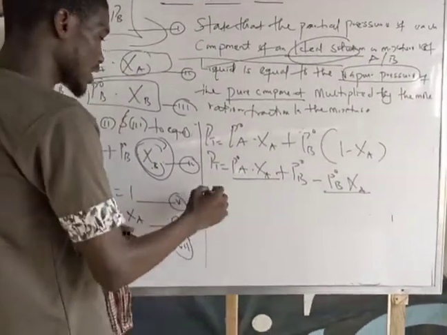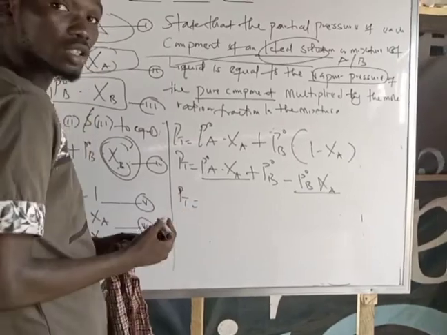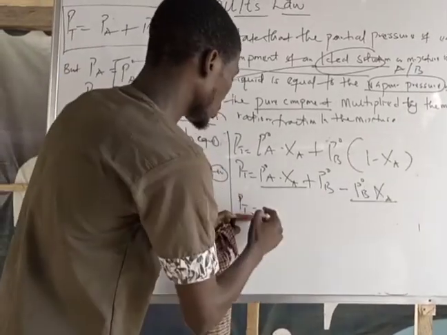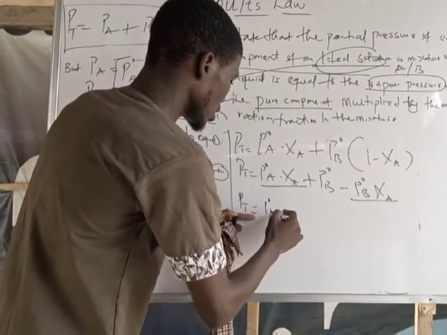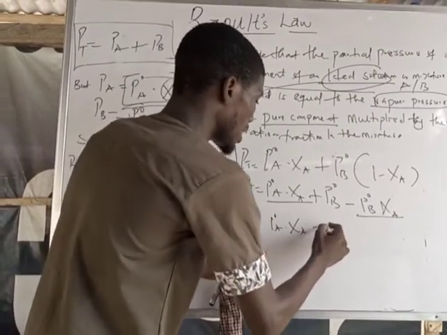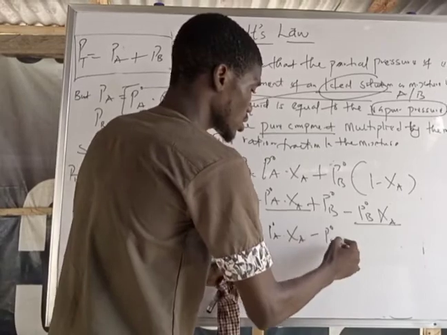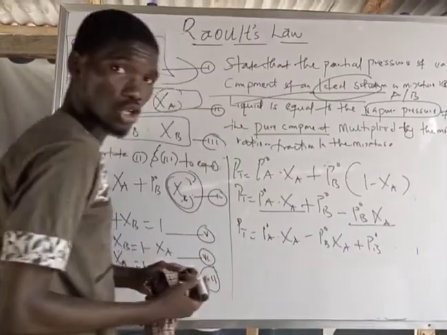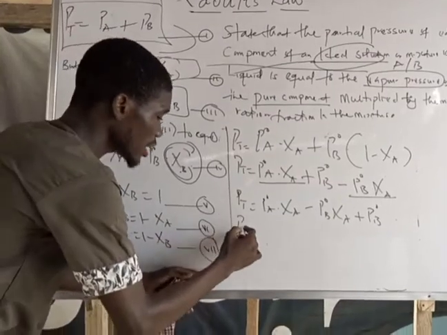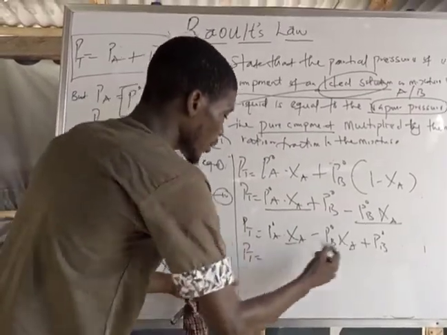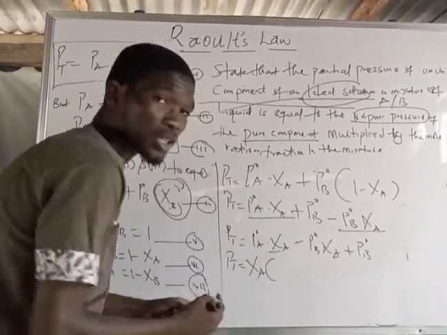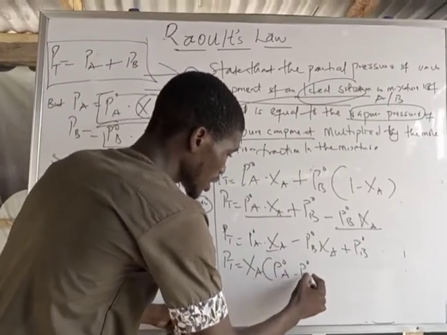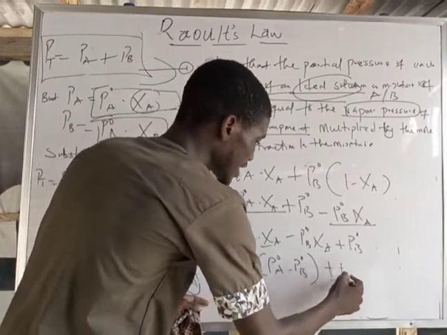So with that, I can say that I have PT is equal to PA naught mole fraction of A minus PB naught mole fraction of A, plus P naught B. So now we have PT is equal to, what is common here? The mole fraction of A, open the bracket, P naught A minus P naught B, close the bracket, plus P naught B.